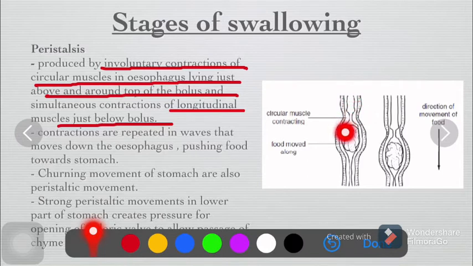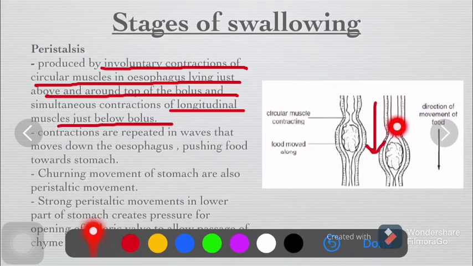As we know, the esophagus is comprised of both circular and longitudinal muscles. Now just above the bolus lies the circular muscle, and below the bolus lies the longitudinal muscle. Simultaneous contraction of circular muscles as well as longitudinal muscle around the bolus helps push it slowly towards the posterior part of the esophagus.